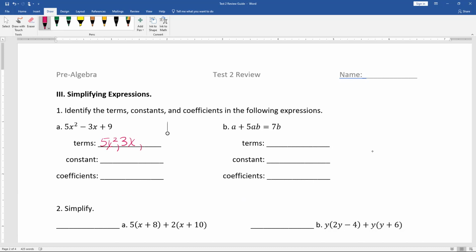What's my last term? Just 9. So which one of these terms is my constant term? 9 is my constant. What are my coefficients? 3, 5. Yep, I've got a 5 and I've got a 3 or negative 3. You can put it either way. I do like for y'all to carry the sign with the term.